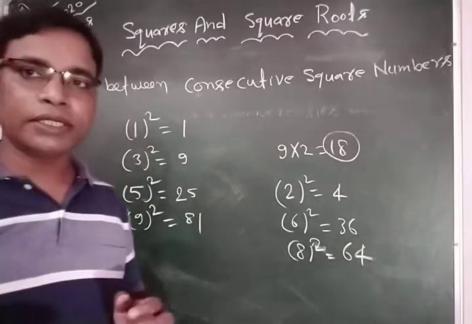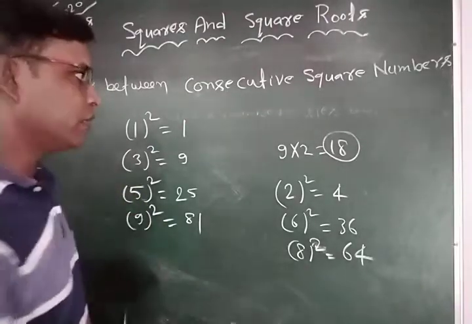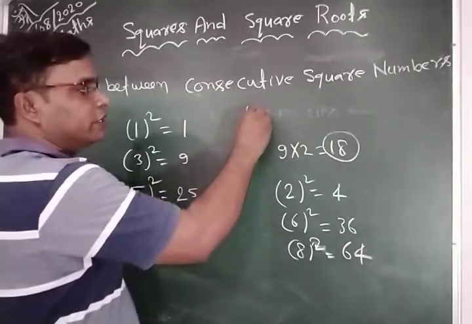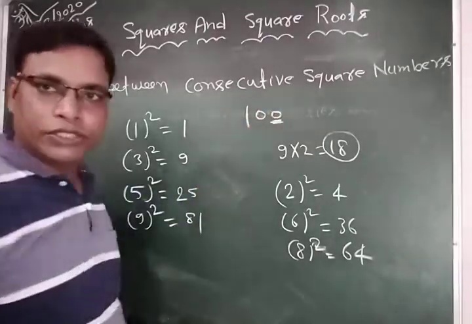If a number ends in zeros, suppose this is 100, here you can see the unit place is 0.